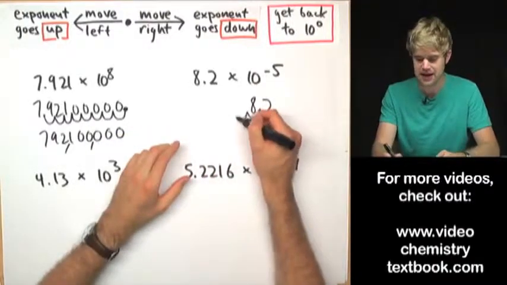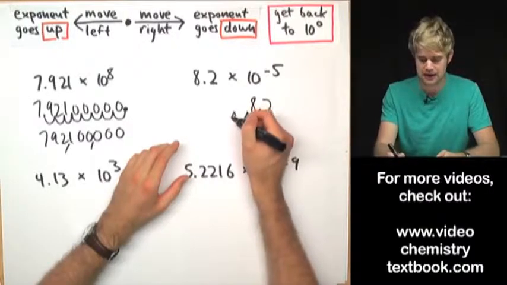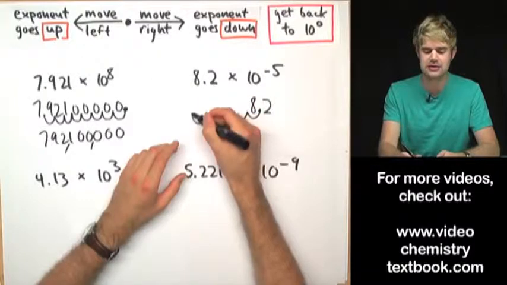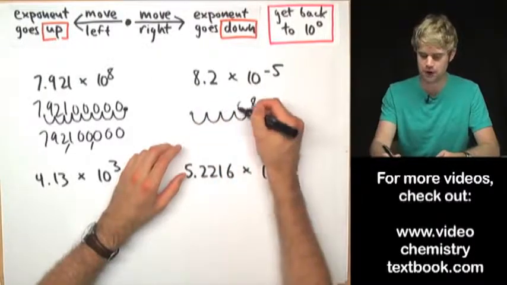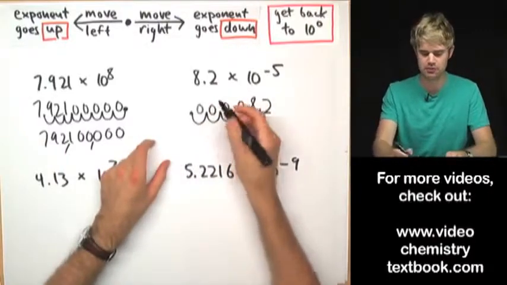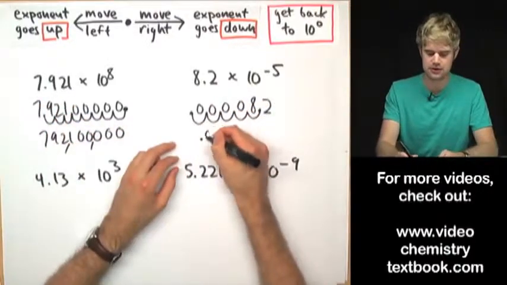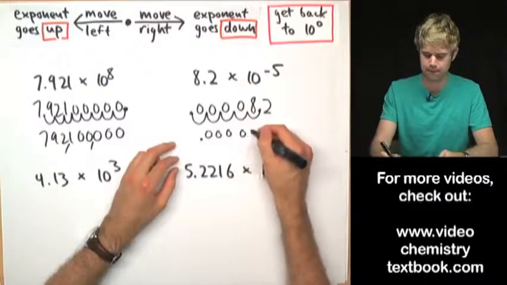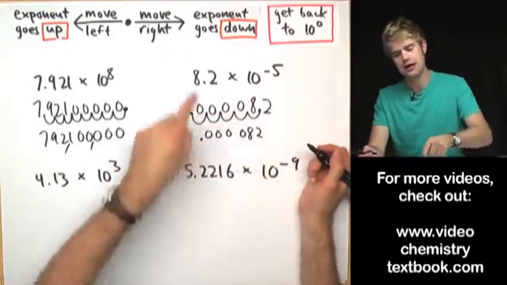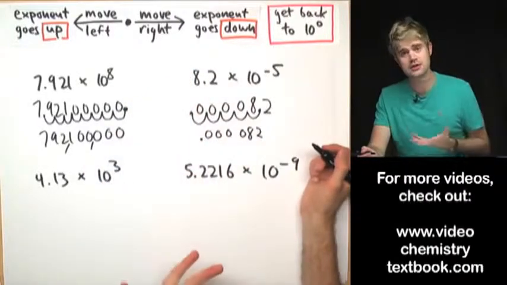Okay, 10 to the negative 3rd, 10 to the negative 2nd, 10 to the negative 1st, and 10 to the 0. So I'm going to put in a new 0 between each one of these decimal places. And then to be neat, I'll rewrite this number. 0.000082 is how you write this in decimal notation.